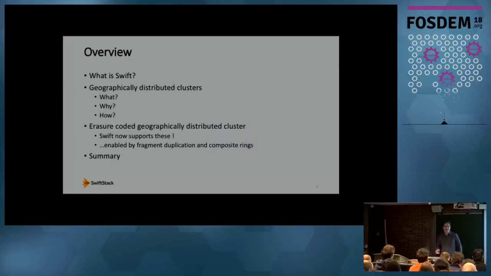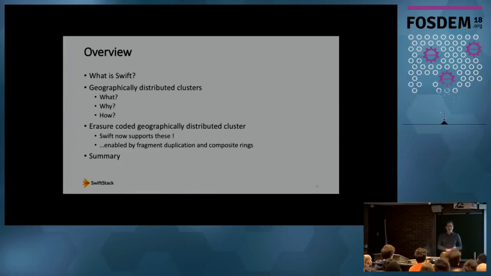I apologize to those of you that may have been here earlier this morning and heard Tiago's talk, but I'll try and get through that reasonably quickly before then starting to talk about geographically distributed clusters and hopefully answering the questions, what are they, why might you want to build one, and how does Swift enable that. And then I'm going to look at another really nice feature of Swift, which is erasure coding, and talk about how erasure coding also works with distributed clusters.